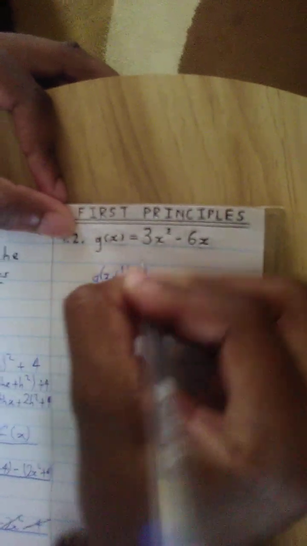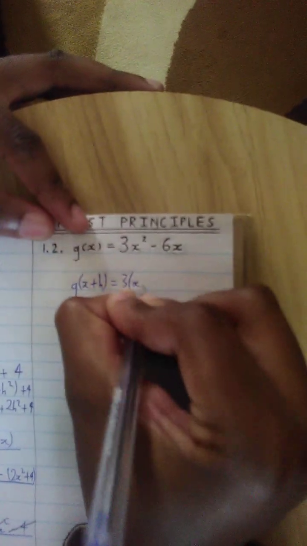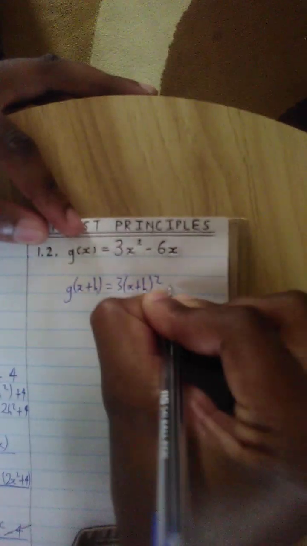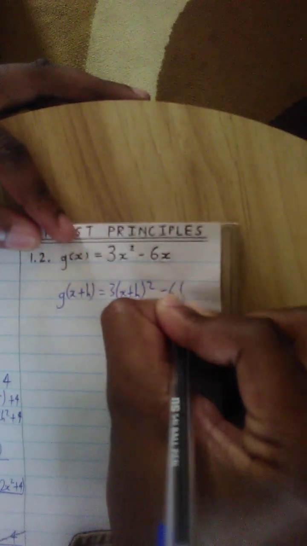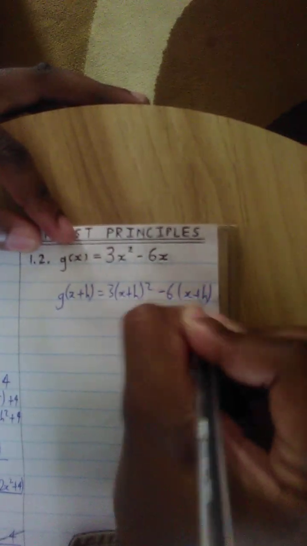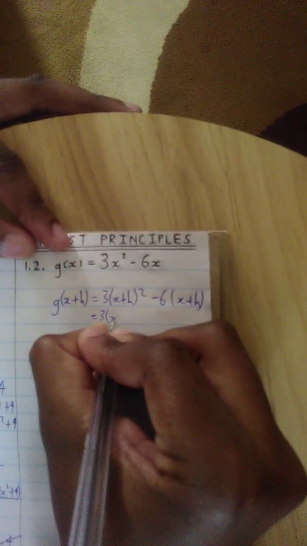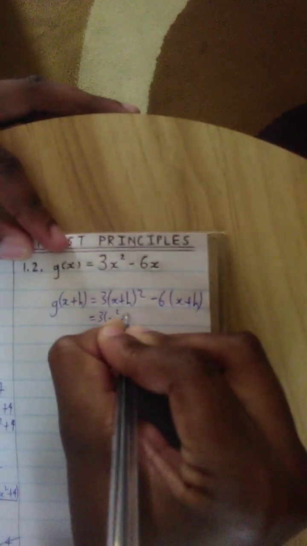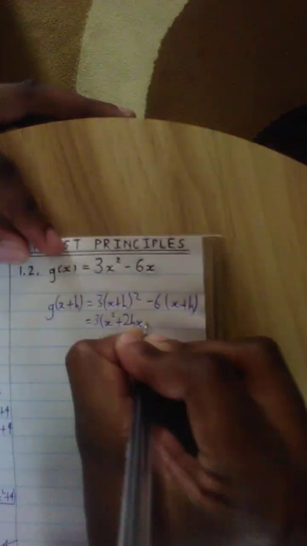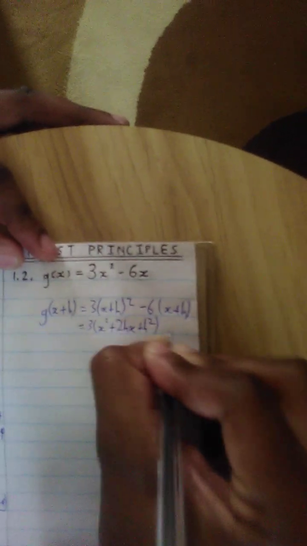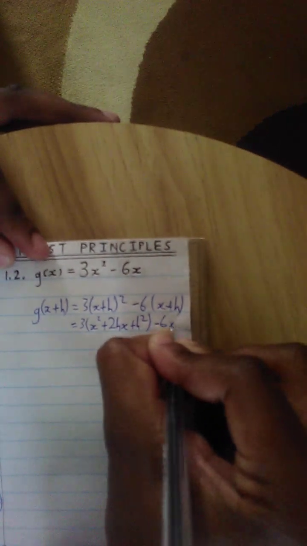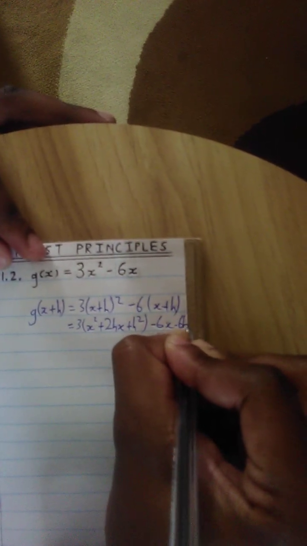Where there's x, we put x plus h. Once again, x squared plus 2hx plus h squared minus 6x minus 6h.